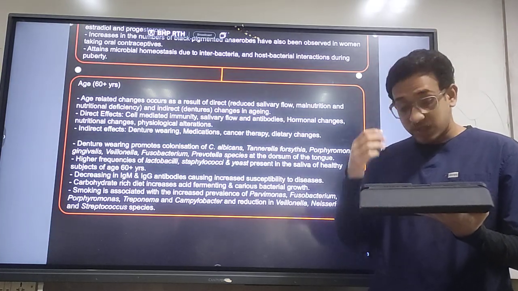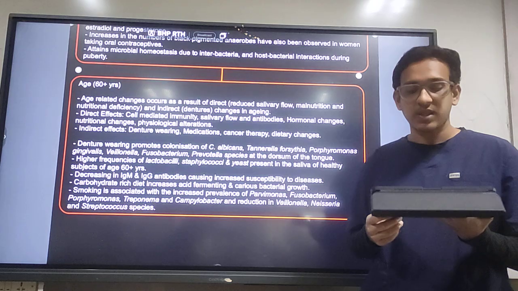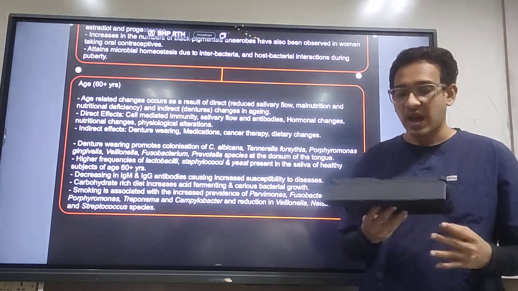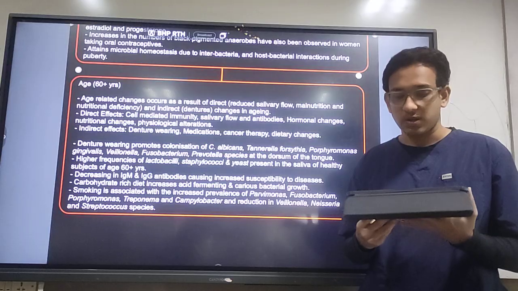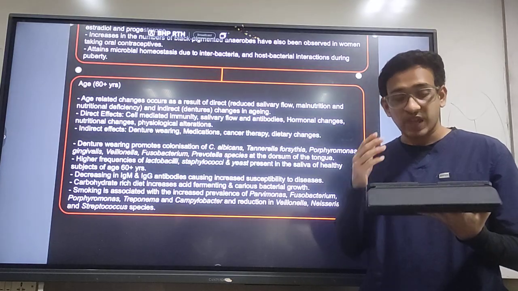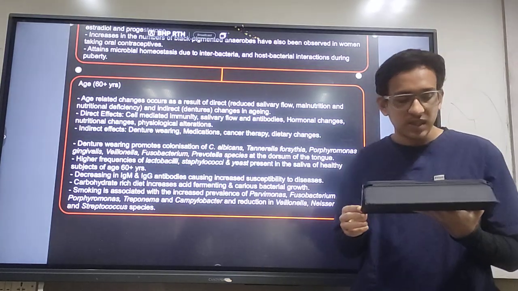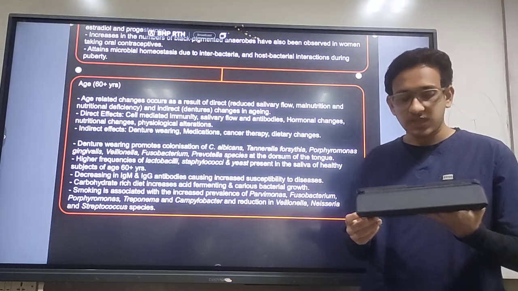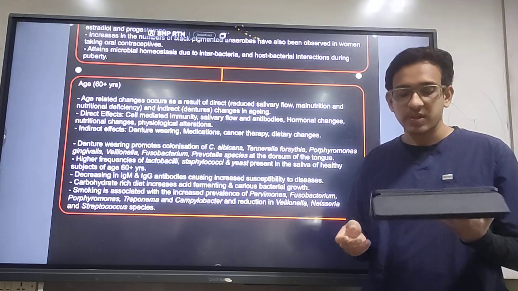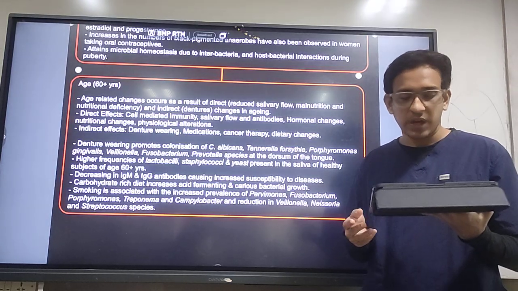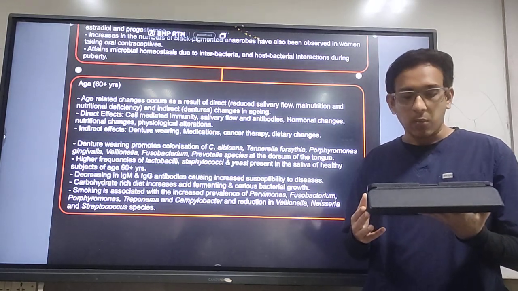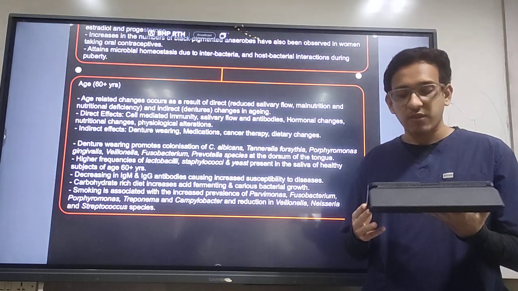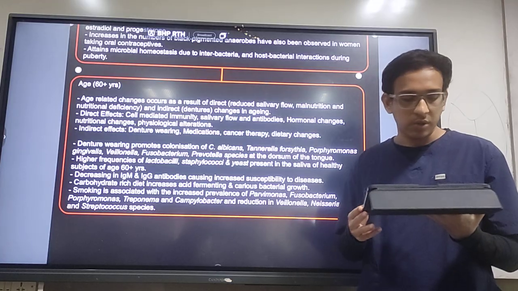Higher frequencies of lactobacilli, staphylococci and yeast are present in the saliva of healthy subjects of age 60 plus. A decrease in IgM and IgG antibodies causes increased susceptibility to disease and also microbial growth. A carbohydrate rich diet increases acid fermenting and carious bacterial growth.